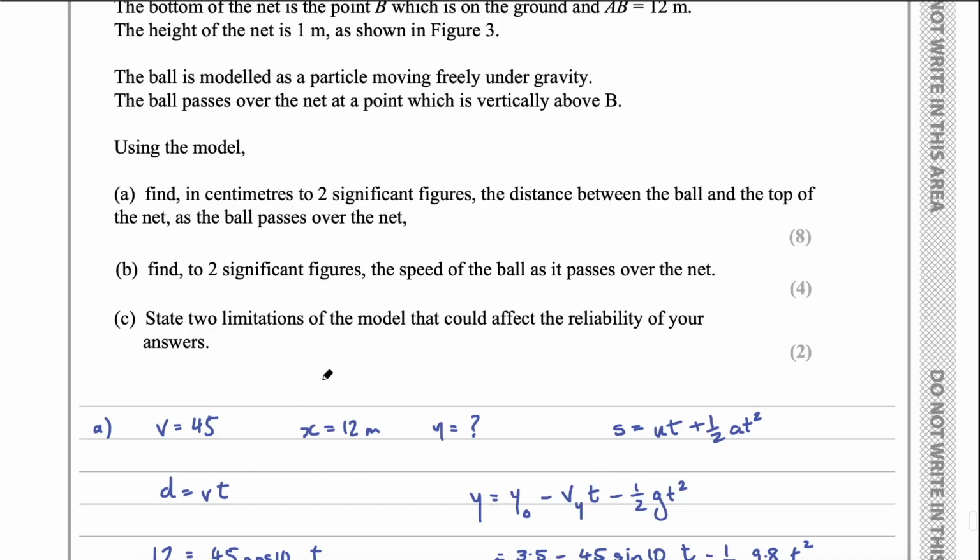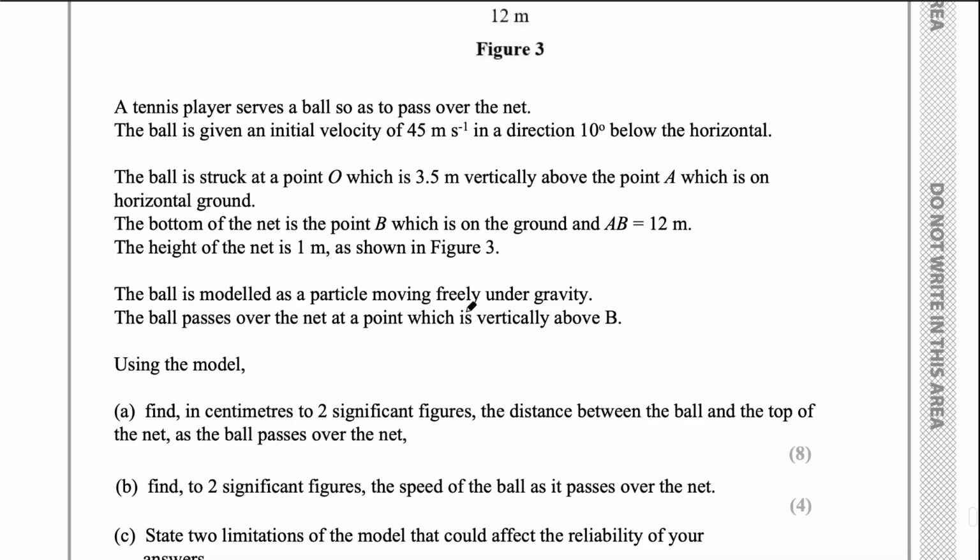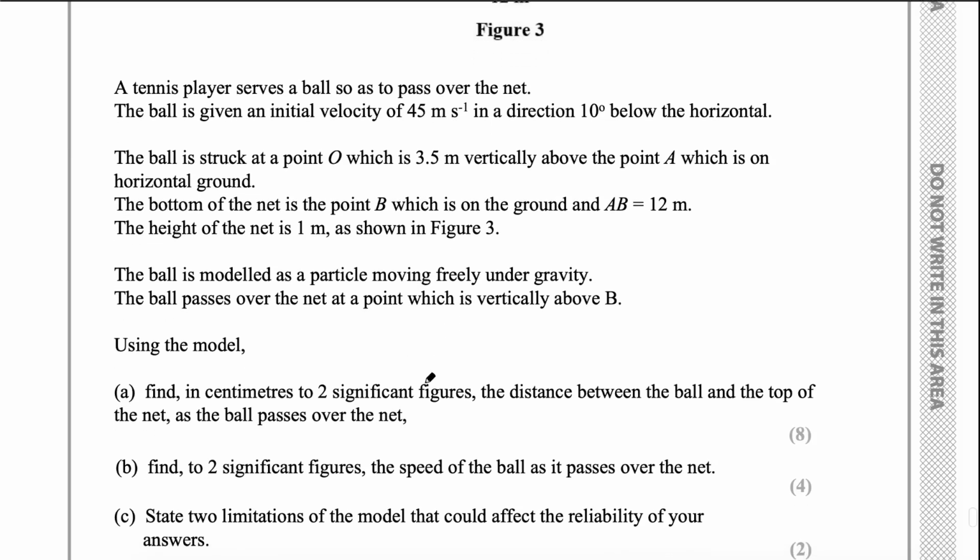Part C says state two limitations of the model that could affect the reliability of your answers. Usually they say they ignore air resistance, and we haven't taken into account air resistance in this question. So that's one thing that could affect the reliability of the answers. We're ignoring air resistance.